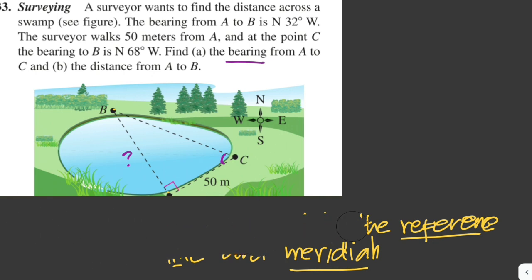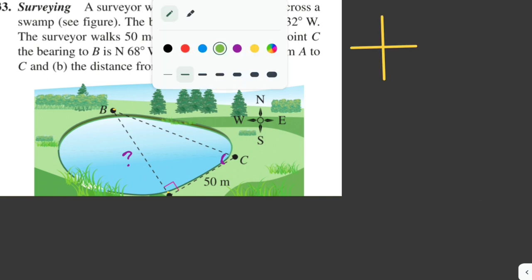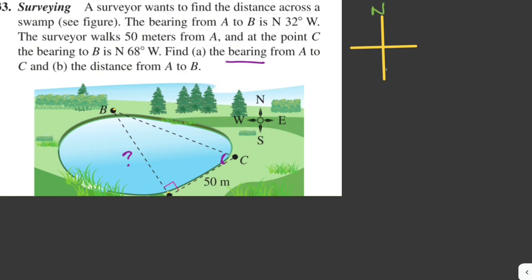Now to solve this problem, we just have to visualize everything, or analyze everything first. Let's draw our reference here first. So this is north, south, east, and west. So this forms a triangle here. Let's just extend our drawing.